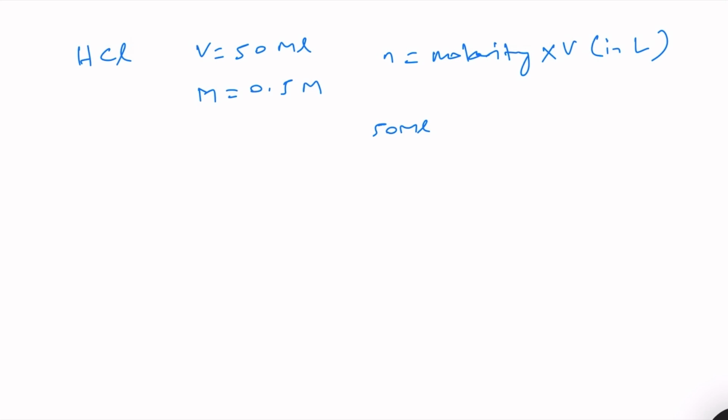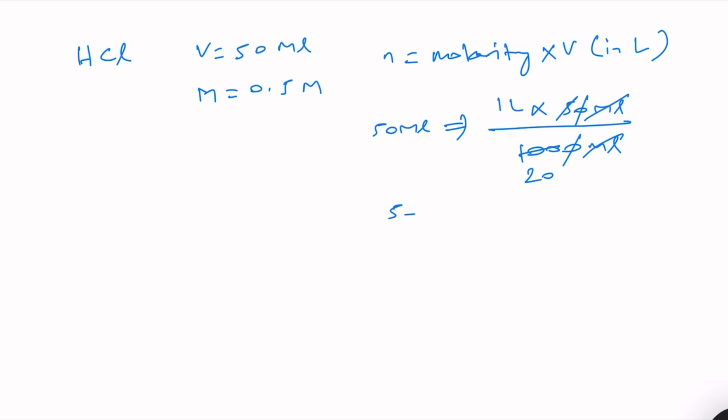Let us convert the 50 ml into liters, and therefore 1 liter times 50 ml divided by 1000 milliliter. Milliliter will cancel, 10 and 10 will cancel, 5 and this will be 20, and therefore 50 ml is equal to 1 by 20 liter, that is our volume.